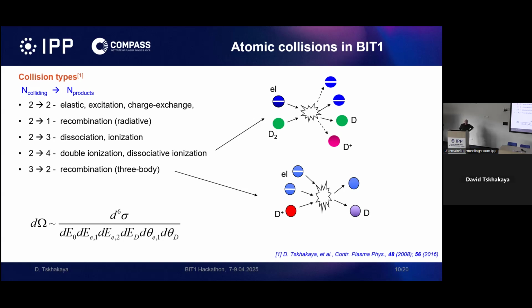Getting atomic data is most difficult, and you never get the accuracy you want, because if you consider one of these collisions, you have 6 times differential cross sections, because it depends on the initial energy of the particles, the energy of the first product, the energy of the second product, the energy of the third product, and the angular distribution of these particles. Of course, you never get that in reality.